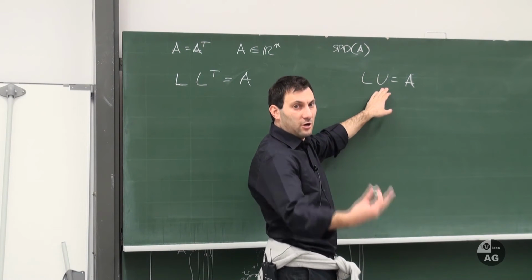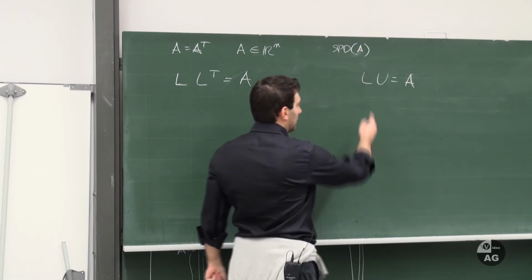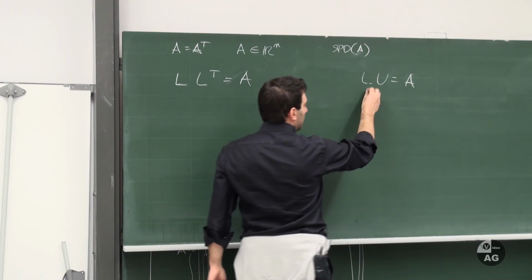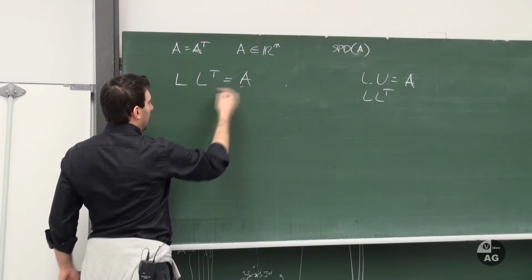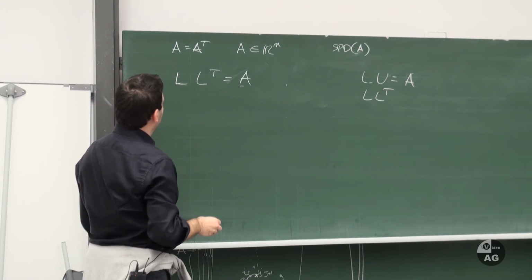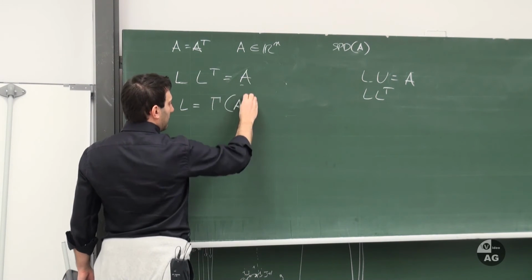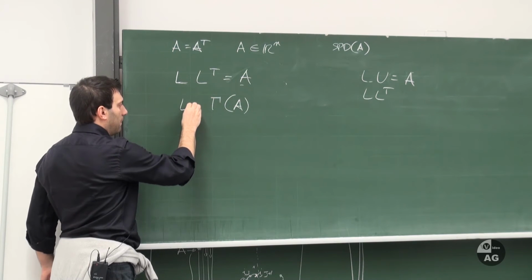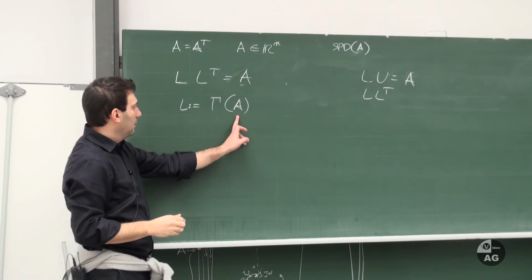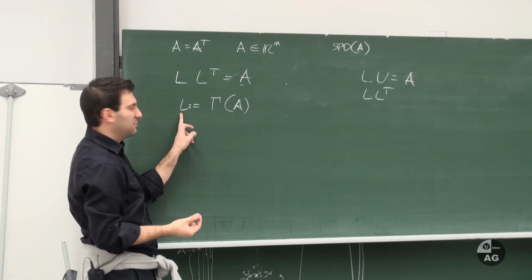So I want to take advantage of this structure, and I don't just compute L times U, but I compute L transpose. Okay? So input A, output L. And I write that L equals Gamma of A. This is my functional notation, which means I take A, I compute the Cholesky factorization, I spit out L.